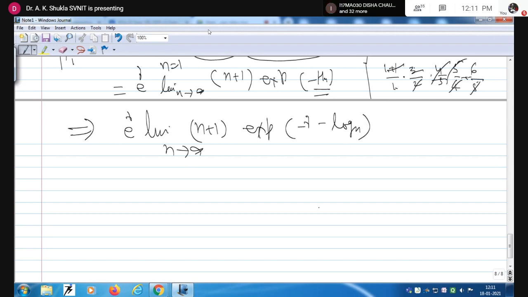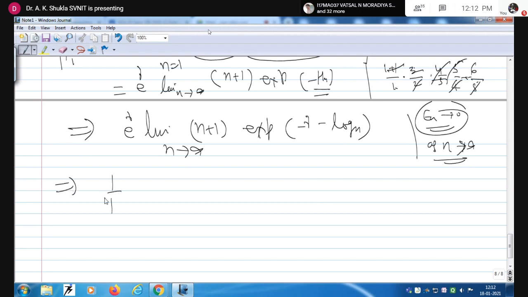In your book they have written this as minus epsilon n, where epsilon n tends to 0 as n tends to infinity. So that is ultimately meaningless, so I will not put it here.